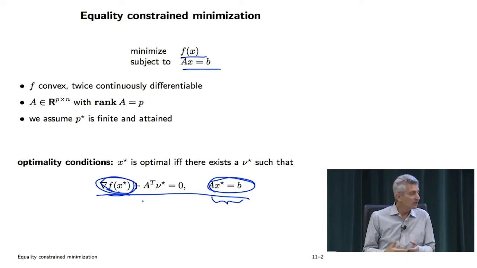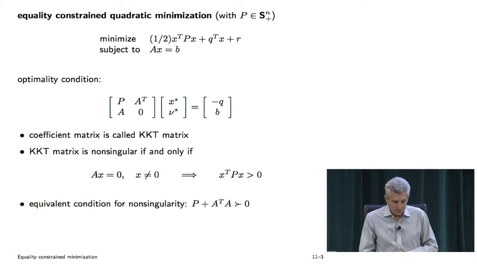So you're looking to find x and nu that make Rp and Rd zero. And the number of equations is about right. You have n plus p variables and n plus p equations, but they're possibly nonlinear.